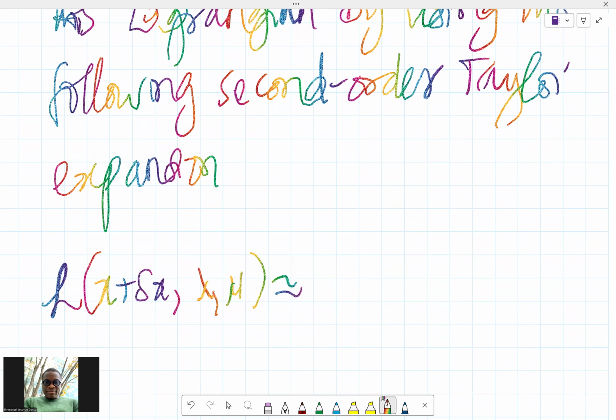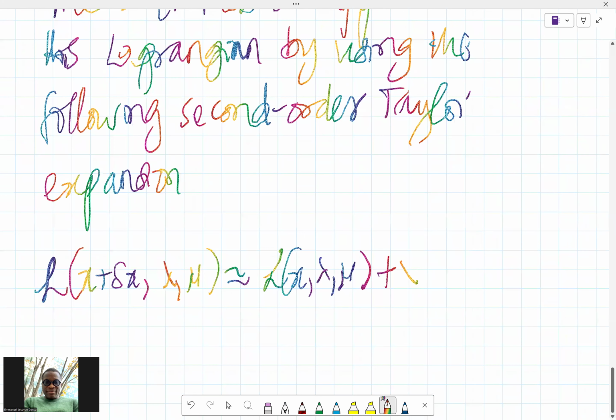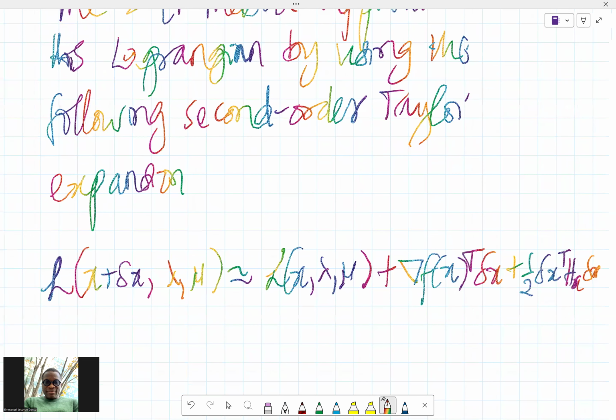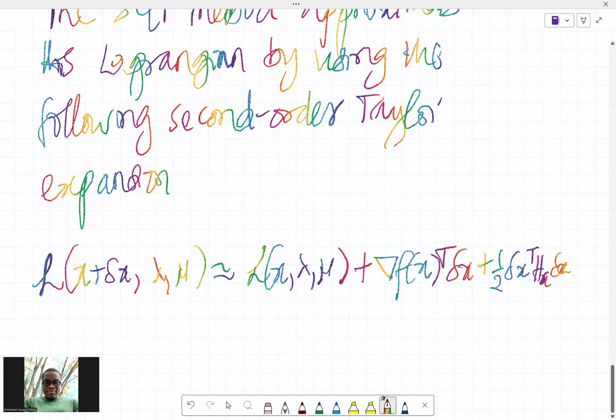L of x plus delta x, comma lambda, comma mu is approximately the Lagrangian of x, comma lambda, comma mu, plus the gradient of f of x transpose delta x, plus half delta x transpose H sub x delta x.